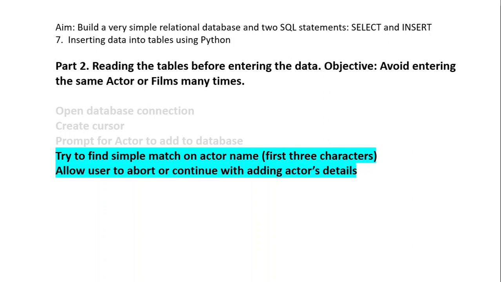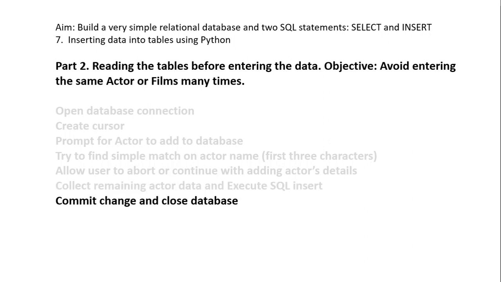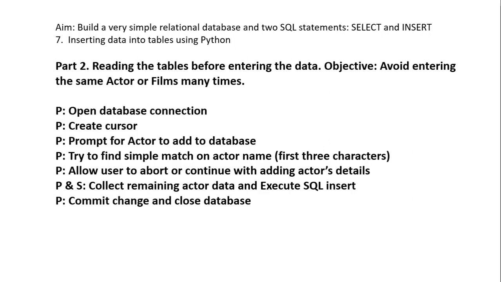I'll then allow the user to abort adding the new actor or continuing with adding the actor's details. I'll then collect the remaining actor data and execute the SQL insert. Then commit the change and close the database. So, again, most of the work is done in the Python application. Only the execution of the SQL is performed by the Python and acts on the SQL database.